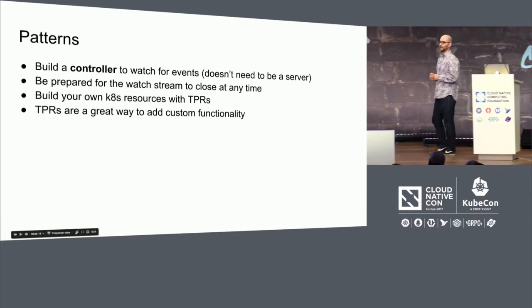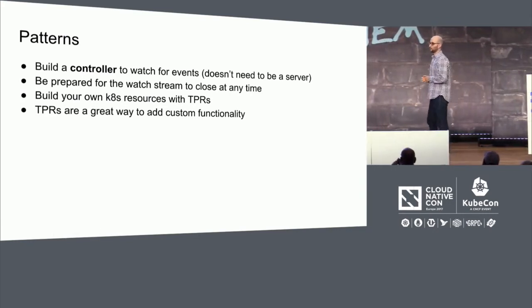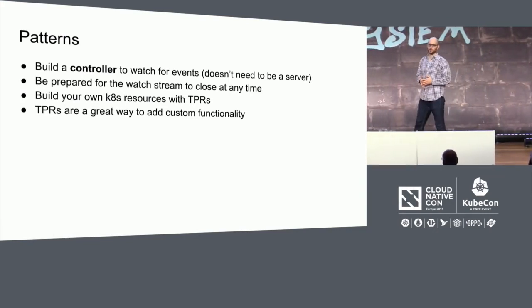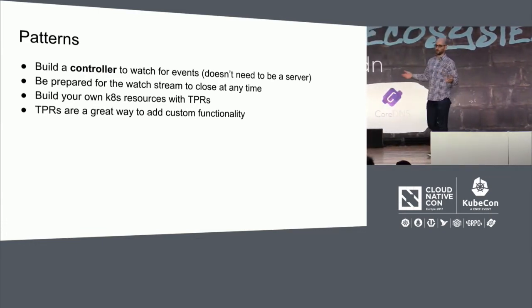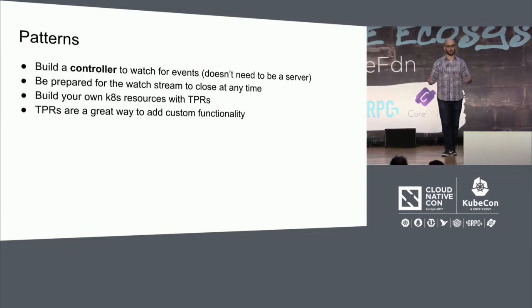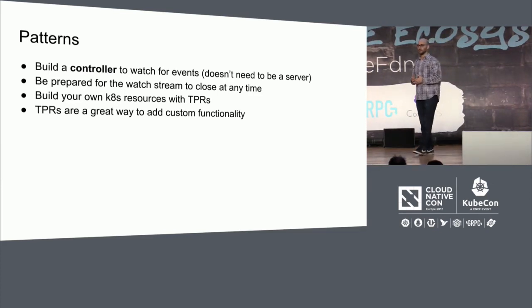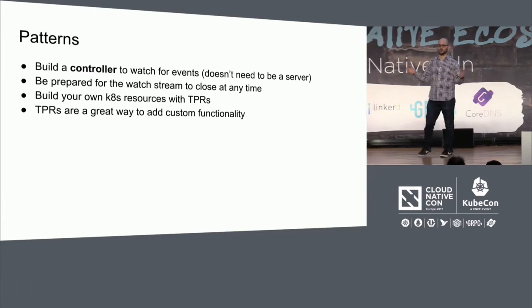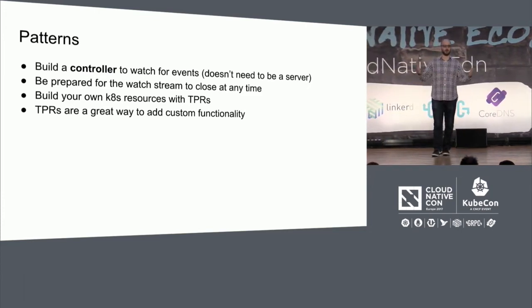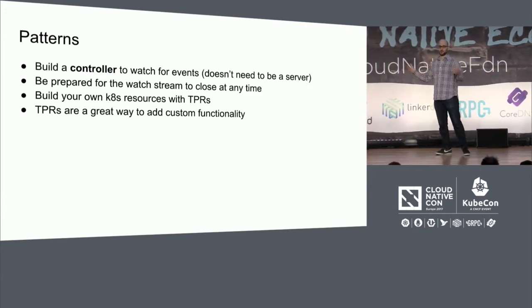So let's do a little recap on what we just wrote. We've got some patterns out of this, okay? What we built in Kubernetes land, you're probably familiar with this name, is called a controller or a controller manager. This is a thing that generally doesn't really have a meaningful network interface. You don't really call, like, get something on a controller.